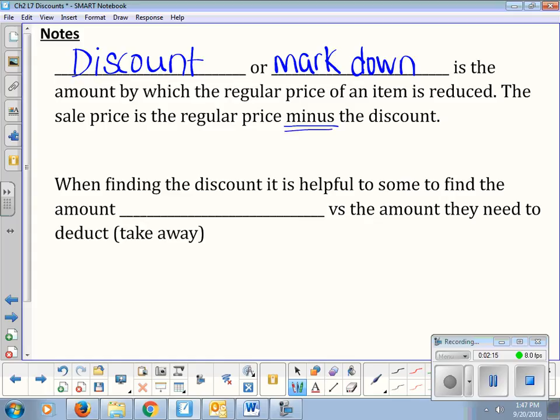So this is a little bit different than yesterday. Instead of adding it to your total, you are going to subtract it from the regular price. When finding the discount, it is helpful to find the amount paid versus the amount they need to deduct or take away.